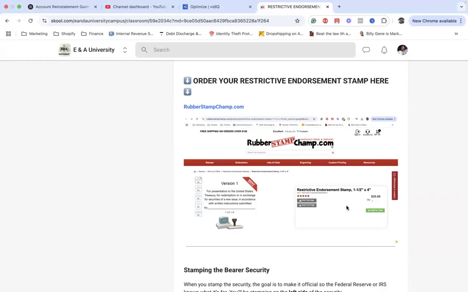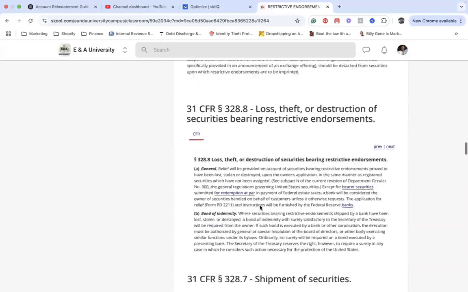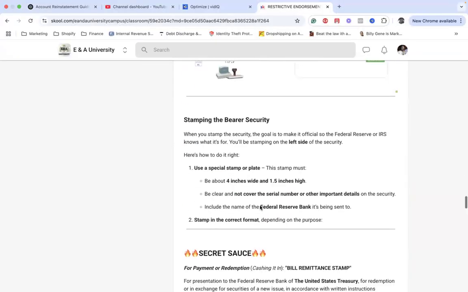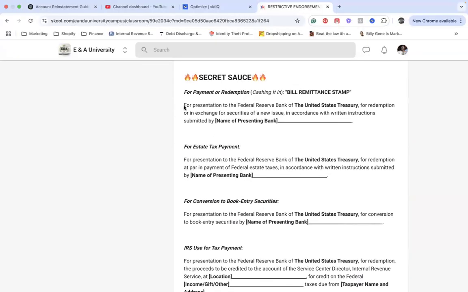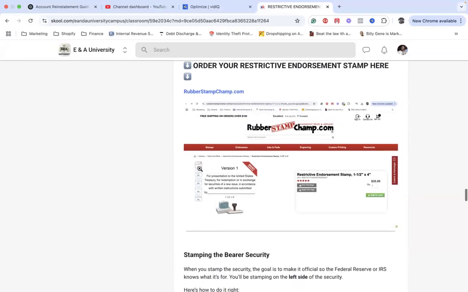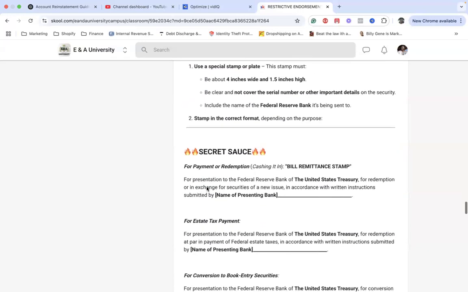But you want to get the exact stamp that matches this one right here: for redemption or exchange of securities of a new issue in accordance with the written instructions. There are different versions when you scroll through these, so you're going to pick the one that matches this first option, guys.